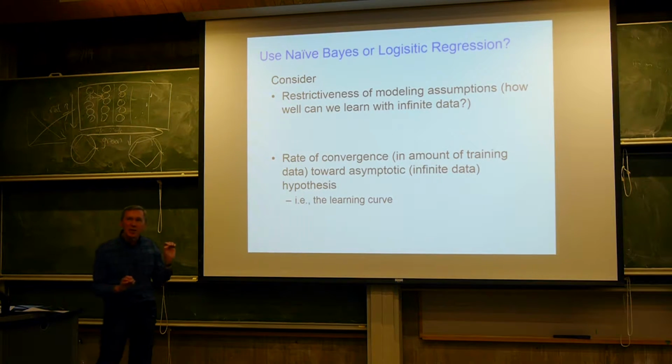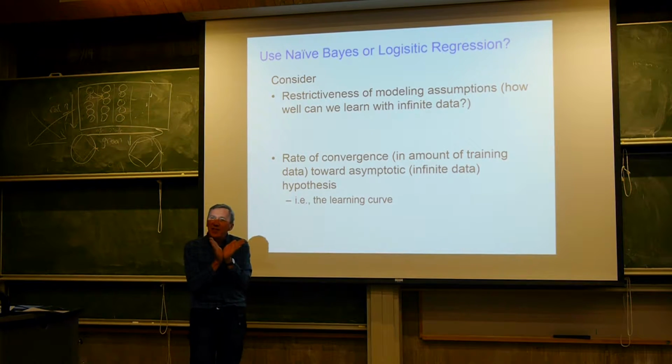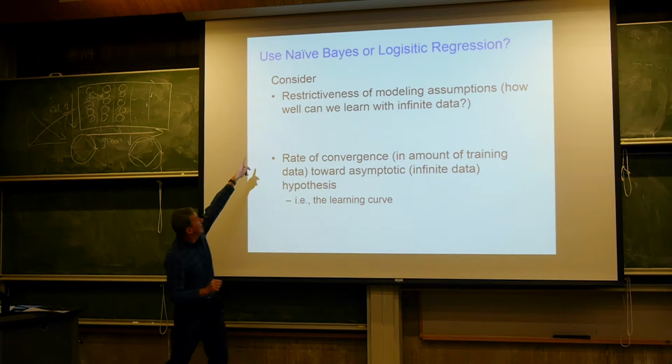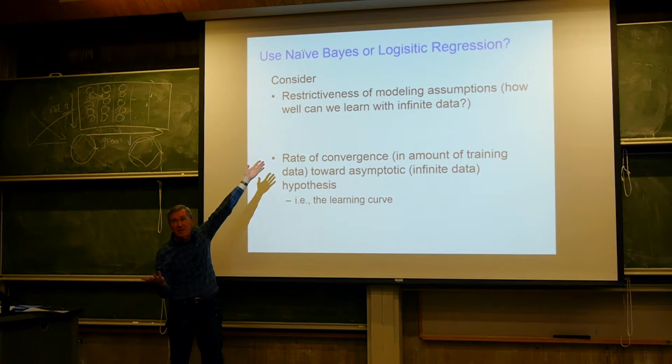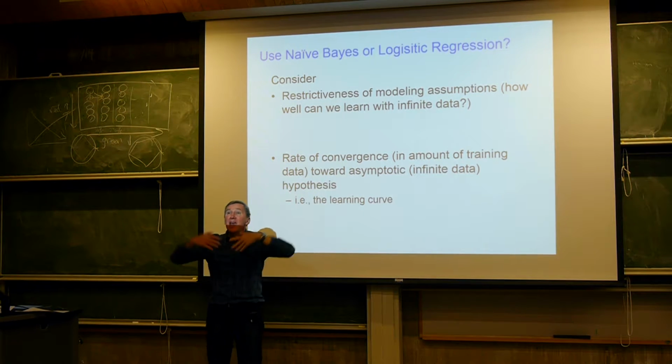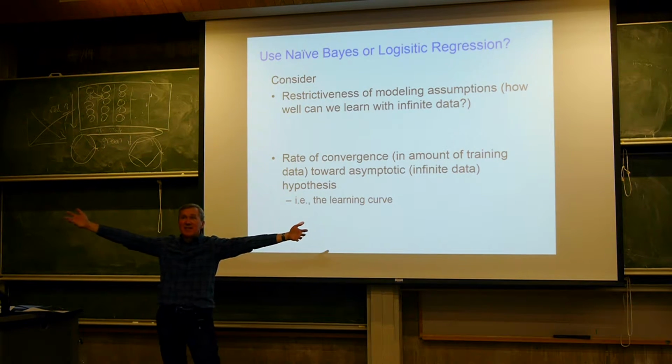In fact, we're going to take a more detailed look by contrasting the generative naive Bayes classifier and the discriminative logistic regression along two different dimensions. How restrictive are the modeling assumptions? One way to think of that question is, how well would it learn if we gave it infinite training data?